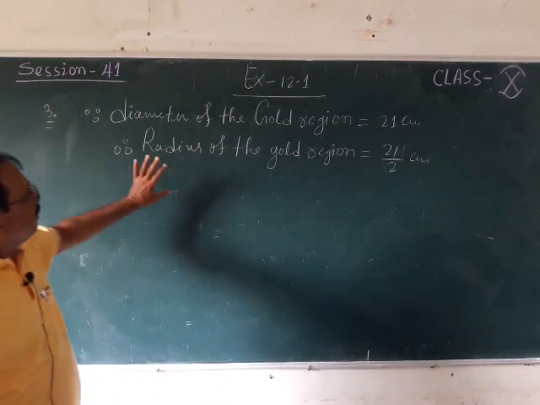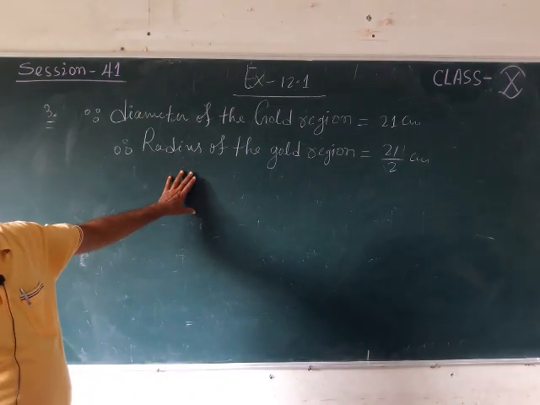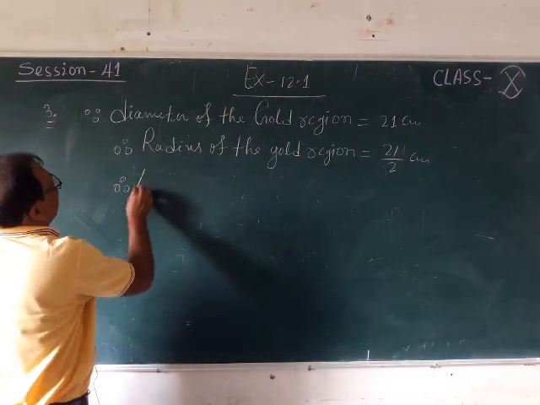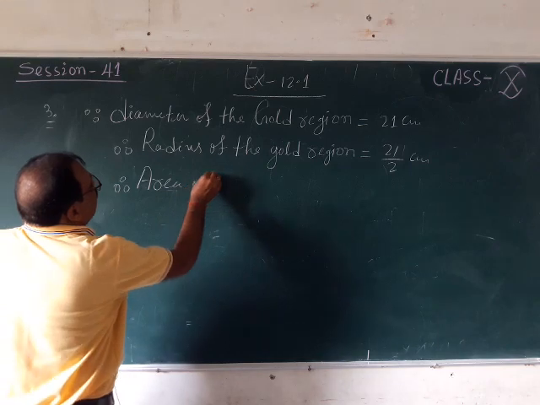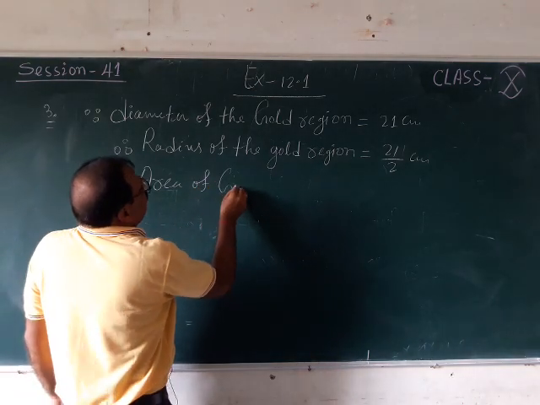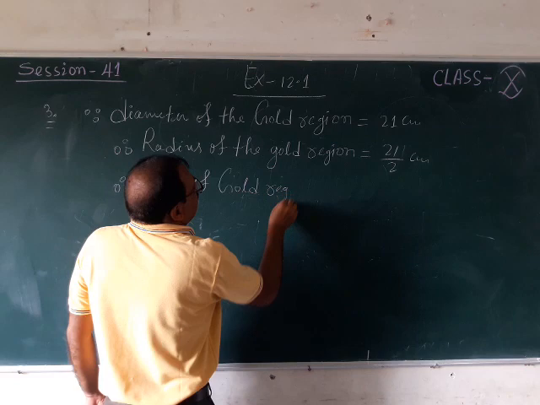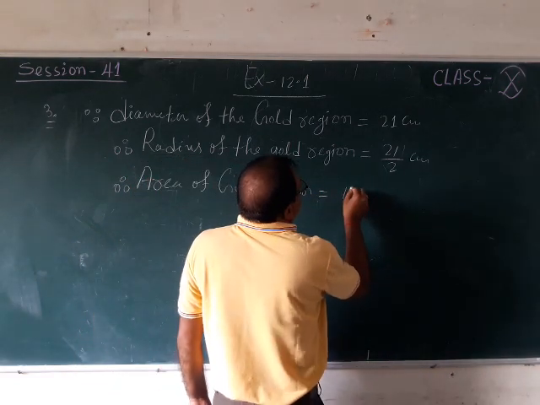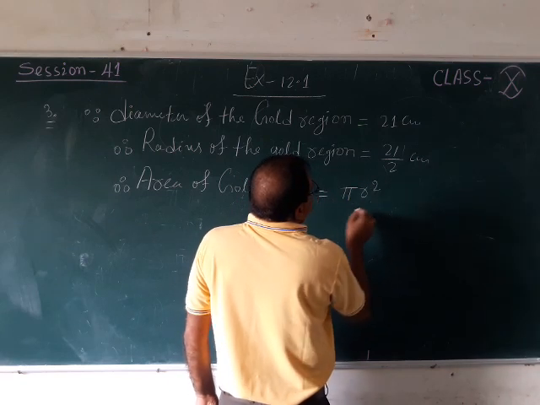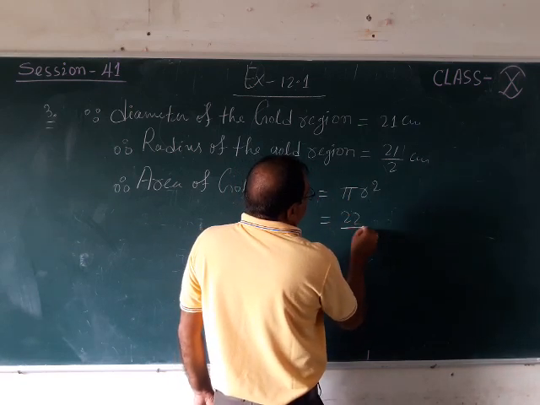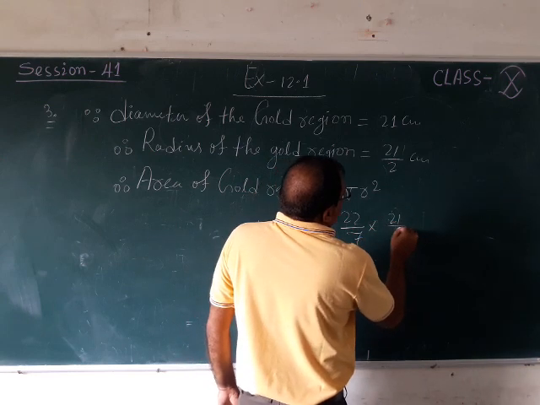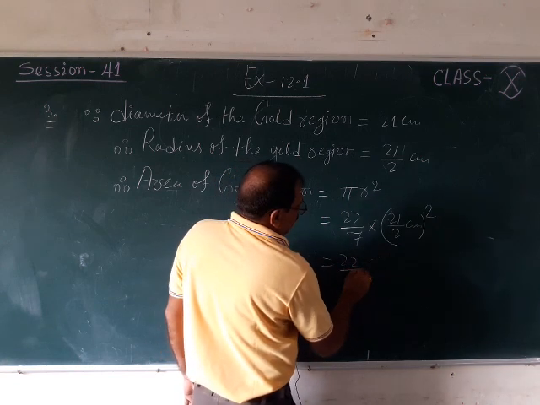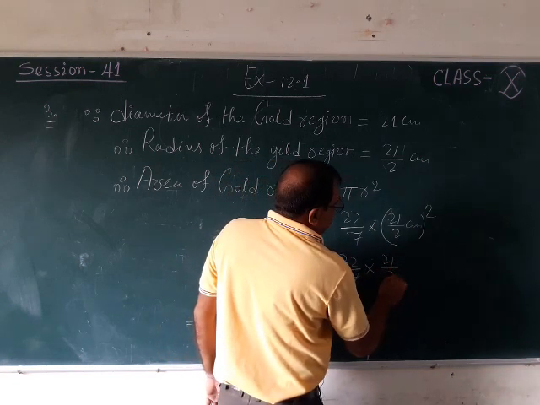That will be the radius of the gold region, and therefore you can find the area of the gold region. The formula is pi r square, where the value of pi is 22 upon 7 and your radius is 21 upon 2 cm square. Now calculate this number to get the area.